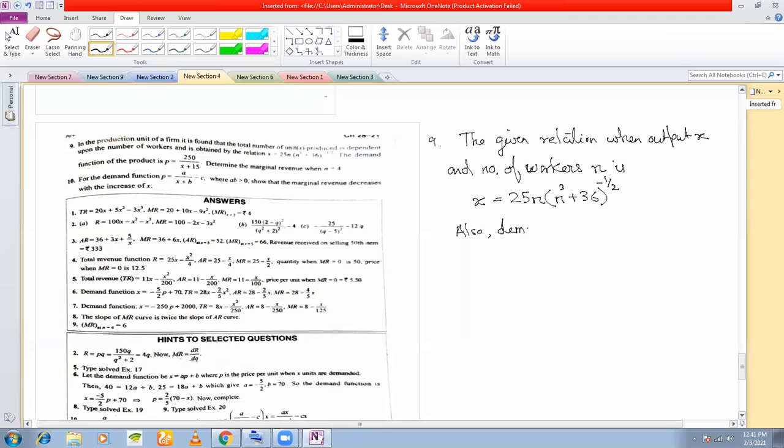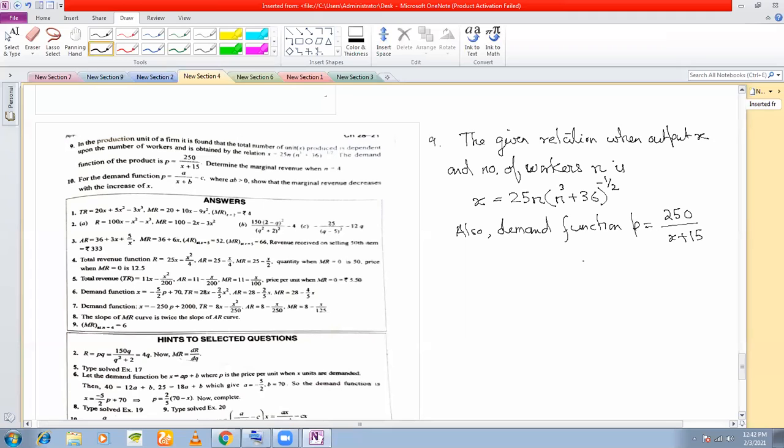also, the demand function is given as P is equal to 250 by (x plus 15). Question is: determine the marginal revenue when n is equal to 4. That is when the number of people working are 4.